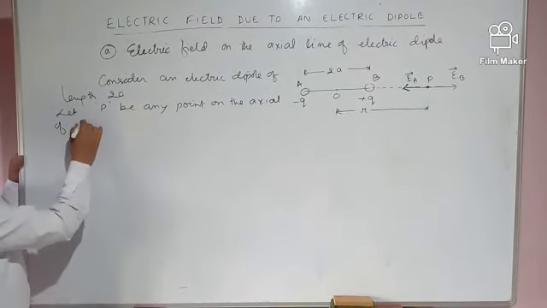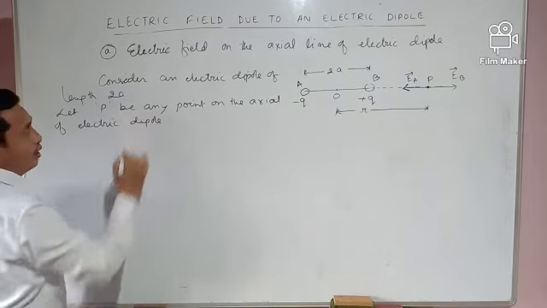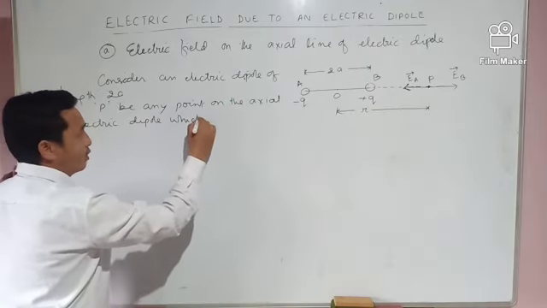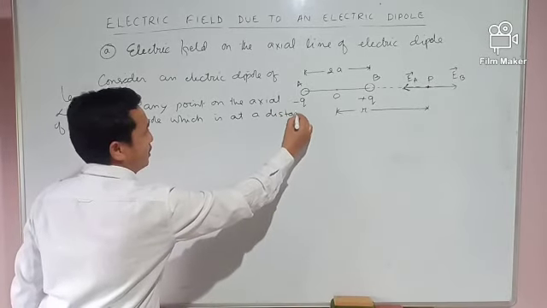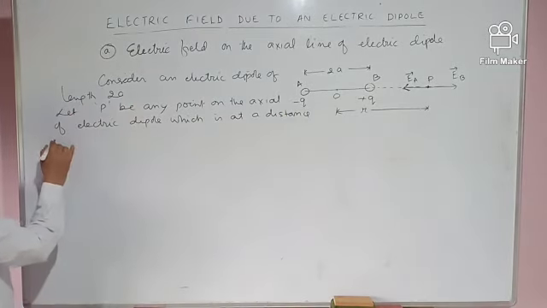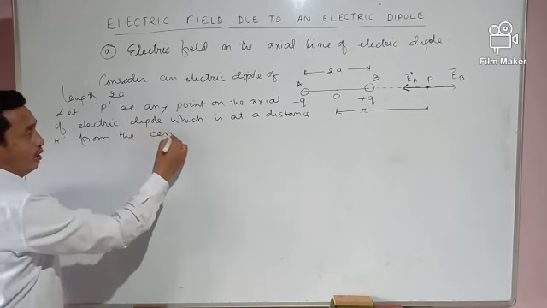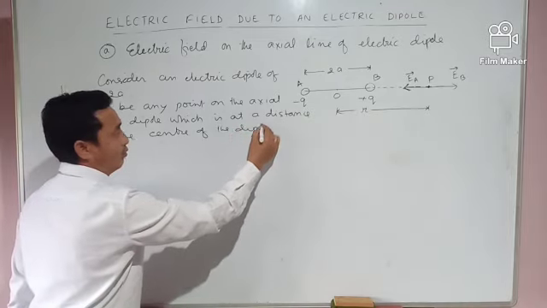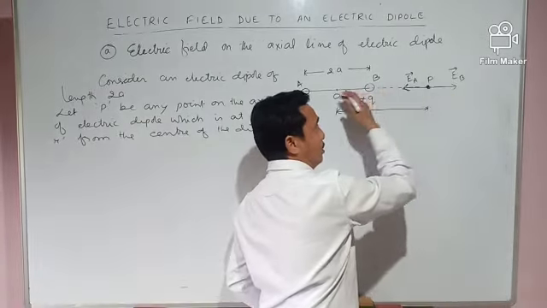Let P be any point on the axial line of the electric dipole, which is at a distance r from the center of the dipole. Okay, this point P is at a distance r from the center of the dipole.